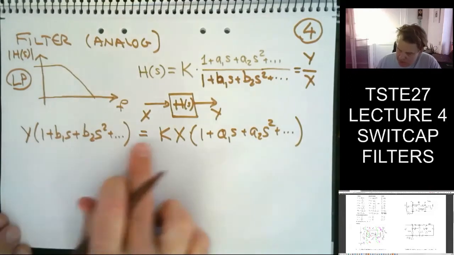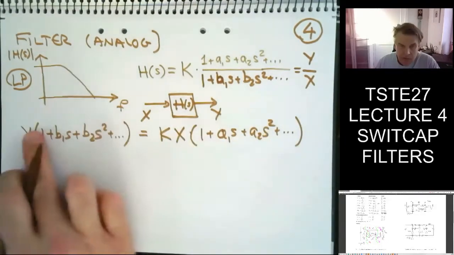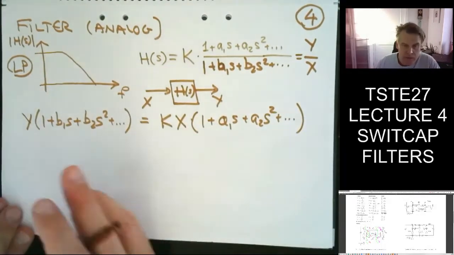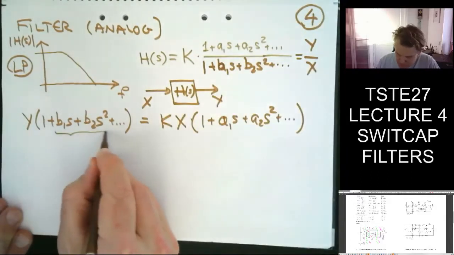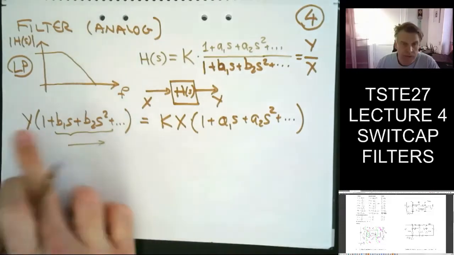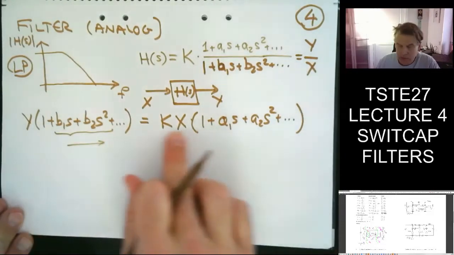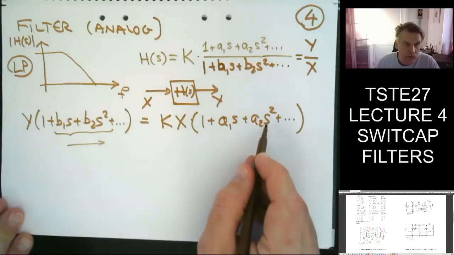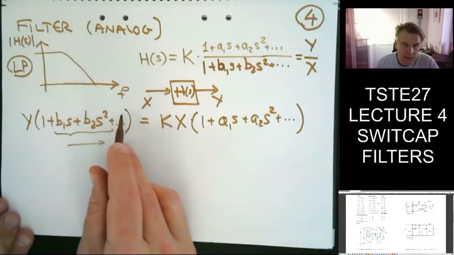Now I can rewrite this, and I'm not going to do it in too many steps. We will just sort of argue. I can take this whole part and bring it to the other side, so I keep Y on this side and the other part on the other side. I will also divide the expressions by S to the power of the highest order.